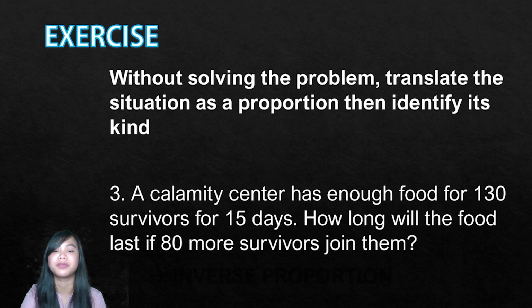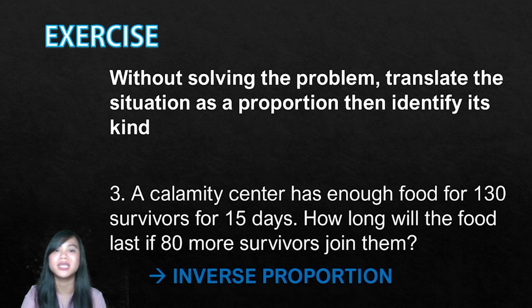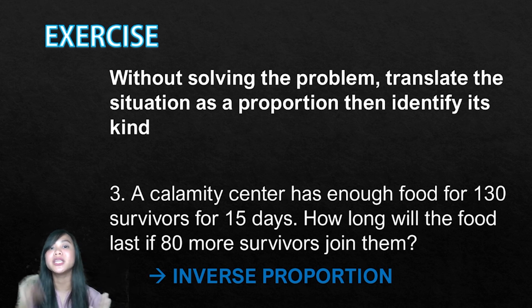So this involves inverse proportion, because the number of survivors increases but they will consume the food supply in the calamity center in a lesser number of days or lesser time. That involves inverse proportion because they are in opposite directions.